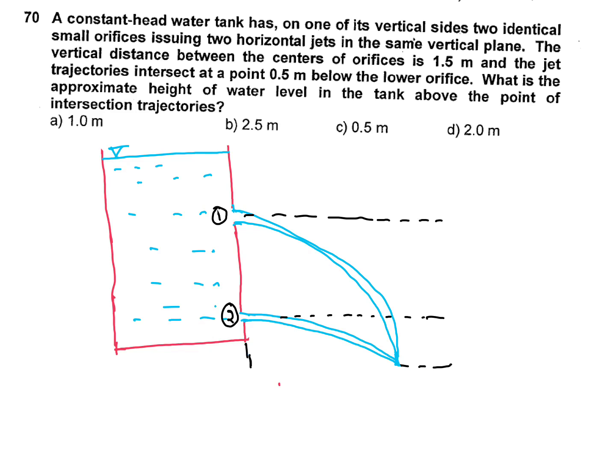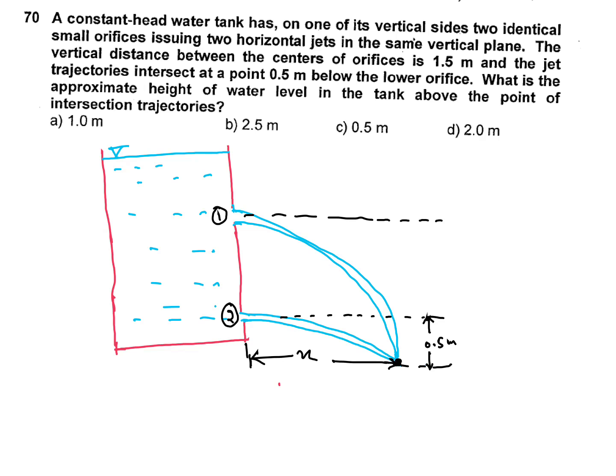Let this distance be x, where the two trajectories intersect. This height is given 0.5 meter.